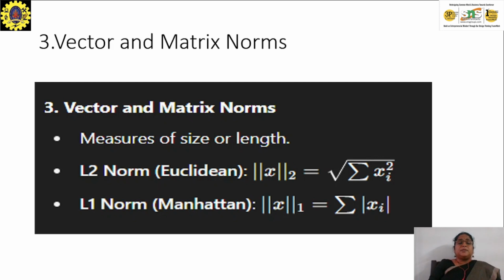There are two types: the L1 normalization and the L2 normalization. The formula for L1 normalization is the summation of modulus xi, and L2 normalization is the Euclidean distance, the distance between two points. Say for example, if we have the points (x1, y1) and (x2, y2), the Euclidean distance can be calculated as the square root of (x1 minus x2) the whole squared plus (y1 minus y2) the whole squared.